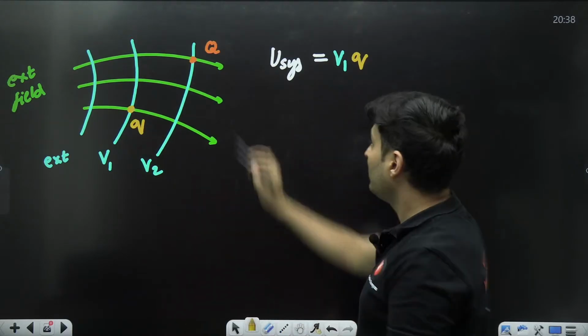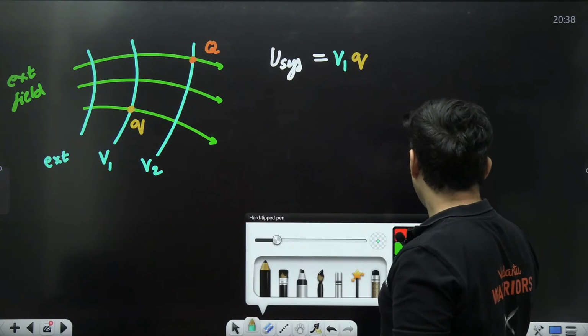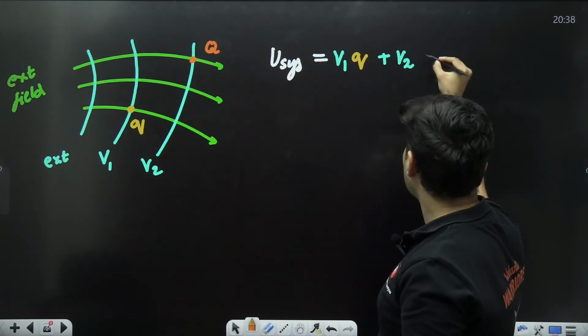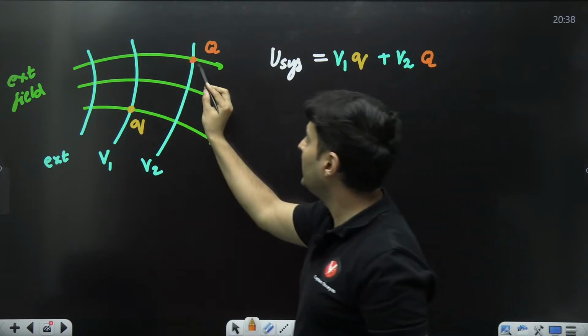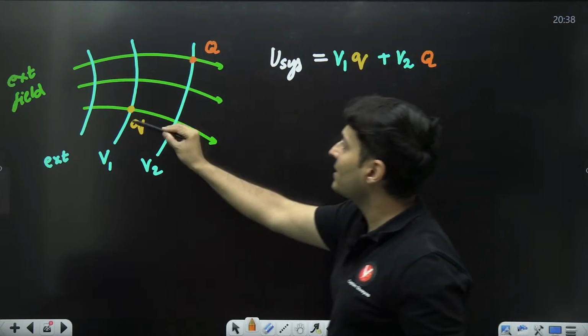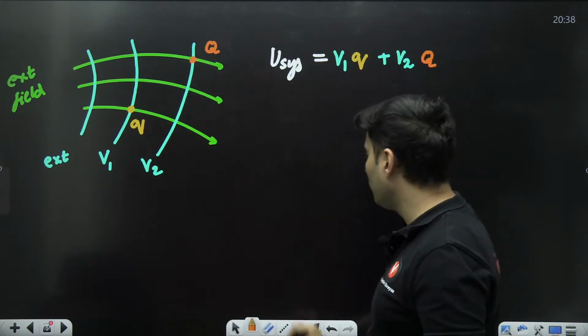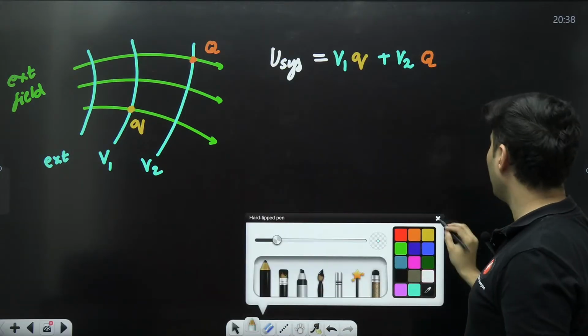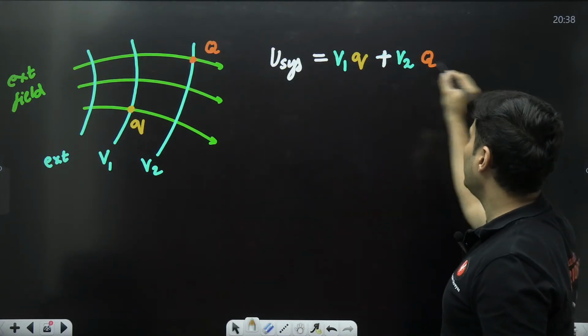Same way, this capital Q charge will also have plus V2 into Q amount of energy. Lastly, these two charges will also have an energy between both of them. So I need to add one more term over here.